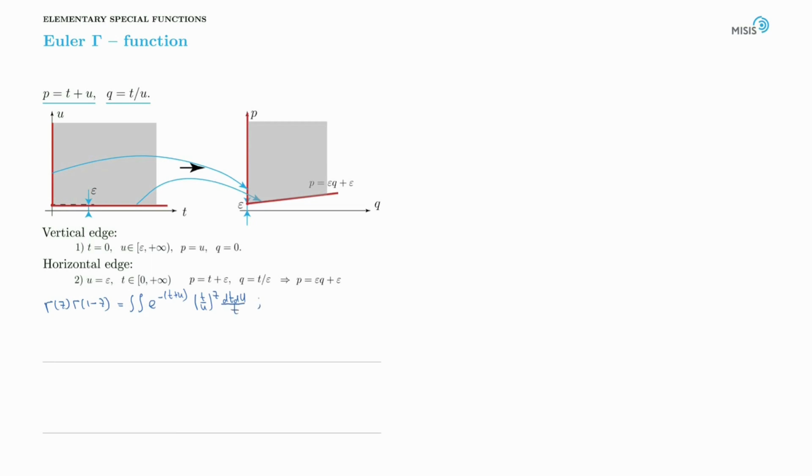This is our Jacobian, or rather its modulus. And also we'll need the expression for the t variable, which is just pq over 1 plus q.